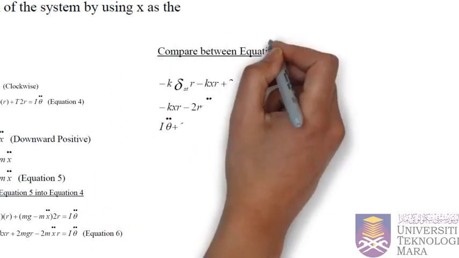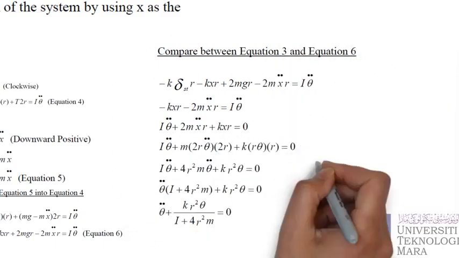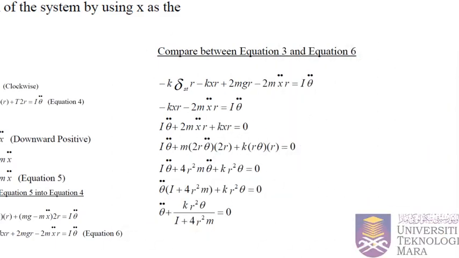After obtaining equation number 6, compare equation number 6 and equation number 3, and after rearranging the equation in terms of theta double dot plus omega n squared theta equal to 0, we can get the equation of motion.